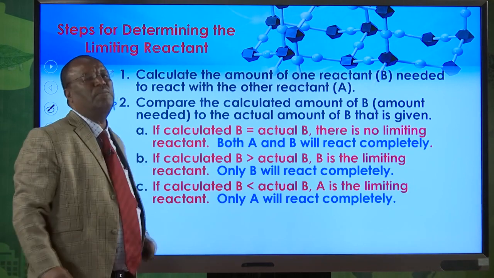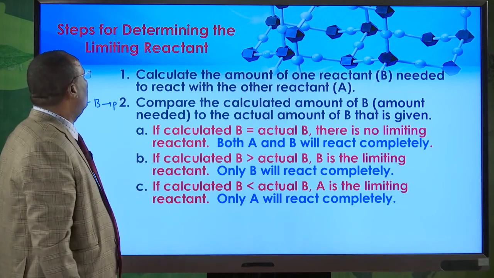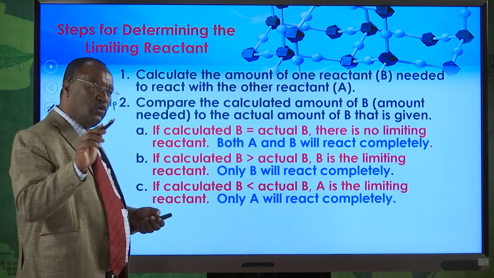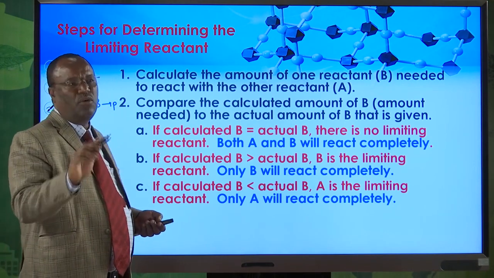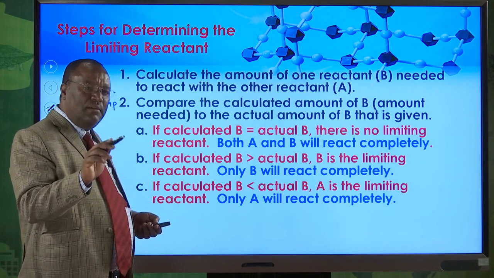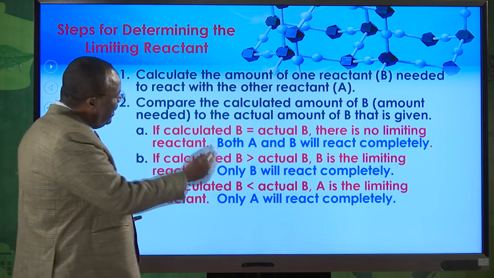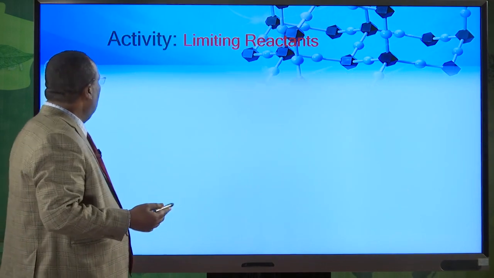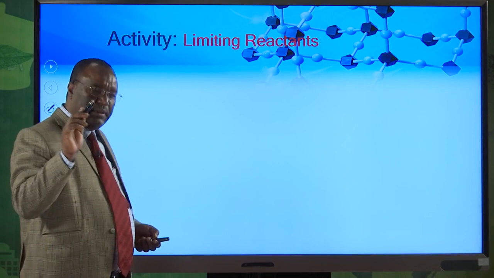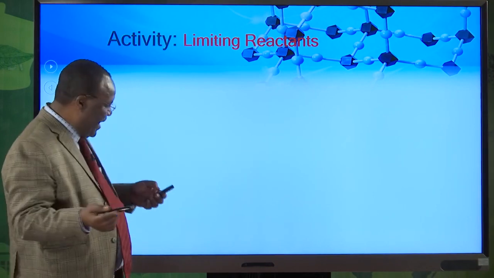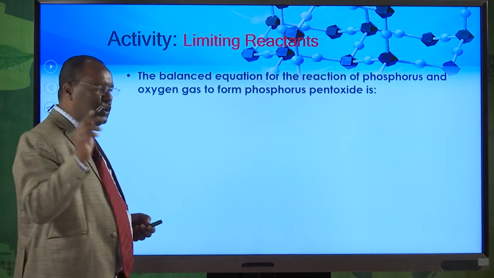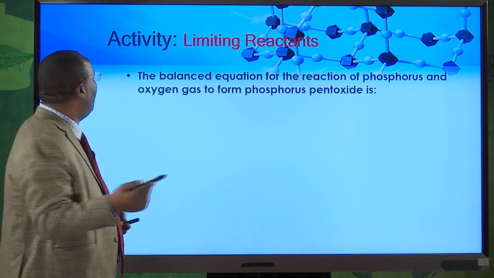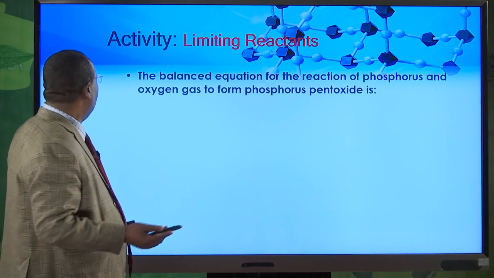Only A will react completely. This is how to determine the limiting reactant. We have to calculate for all the reactants in chemical reactions, the actual reactant and the calculated reactant. You compare the actual and the calculated amounts to determine the limiting reactant.